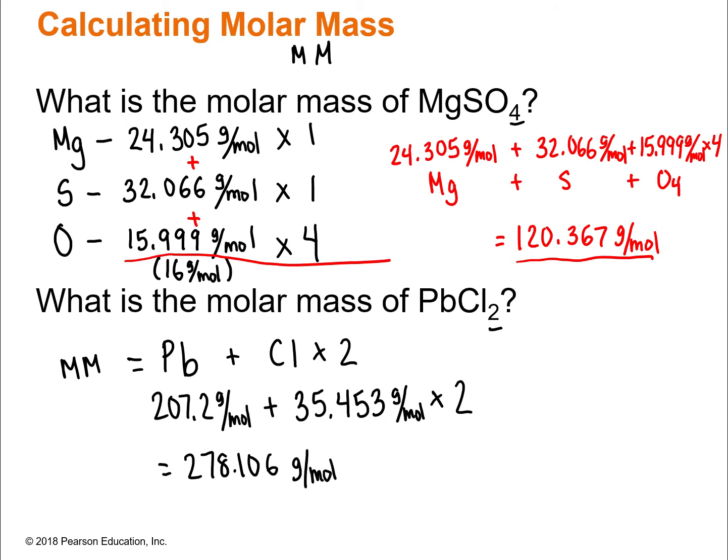If we were using sig figs for this, the rules for adding, we would only be able to report up to that second decimal place, or up to the first decimal place, excuse me. But again, I'm not going to be a stickler for that.